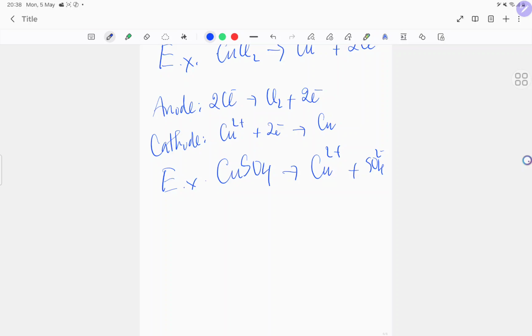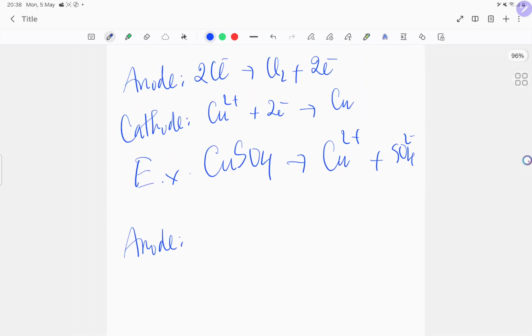So at the anode, SO4 2 minus cannot be oxidized. Every anion with O cannot be oxidized at the anode.